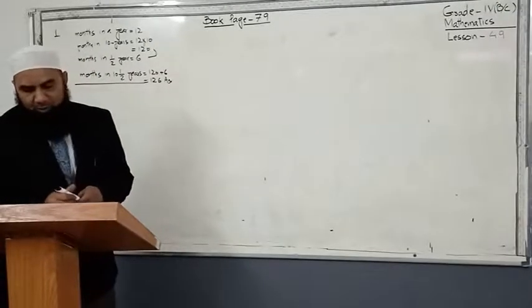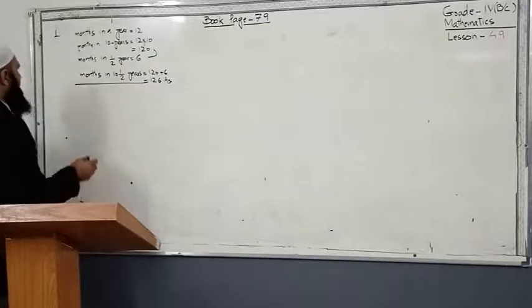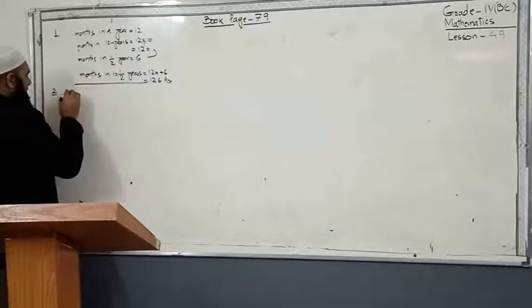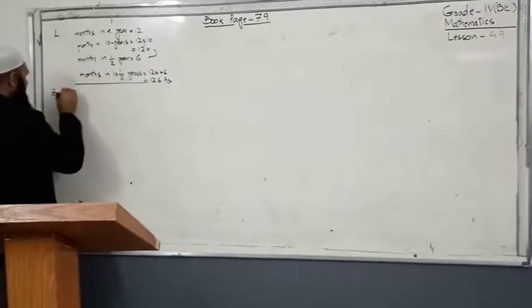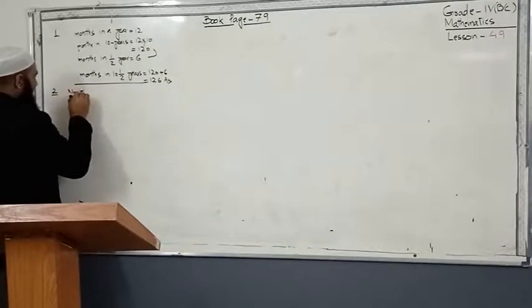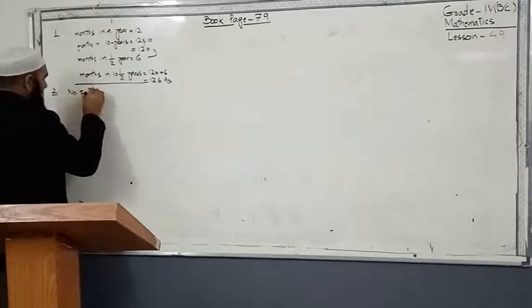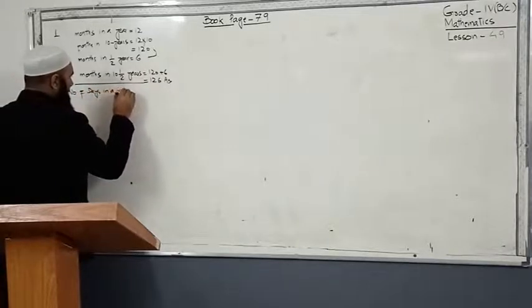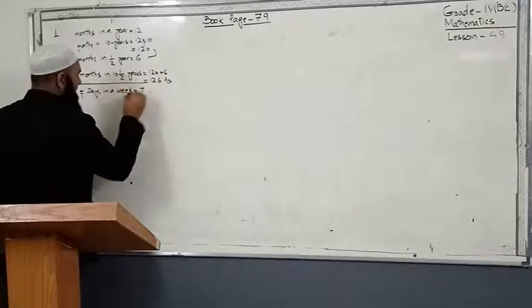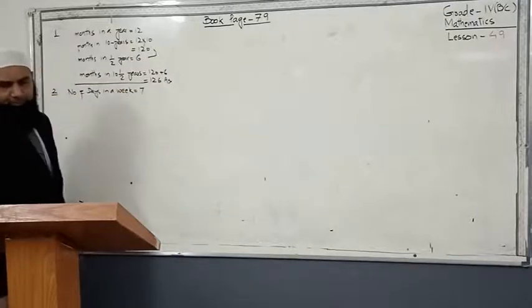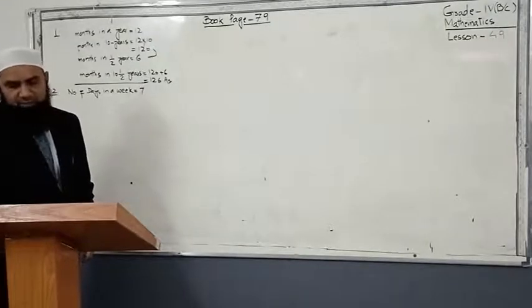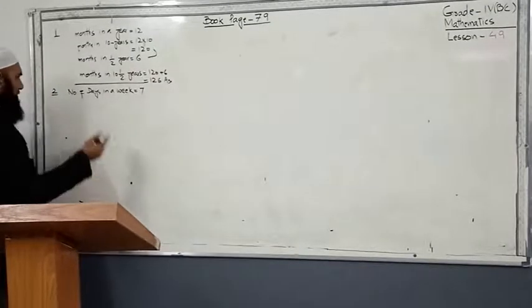Question number 2, how many days are there in 24 weeks? Number of days in a week are 7. Okay? He is asking how many days will be in 24 weeks.